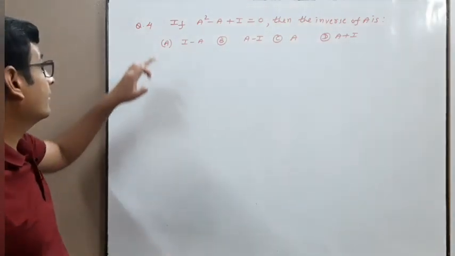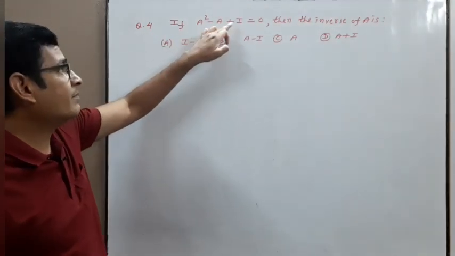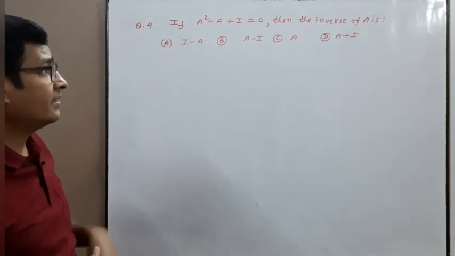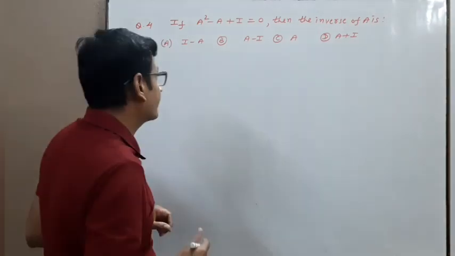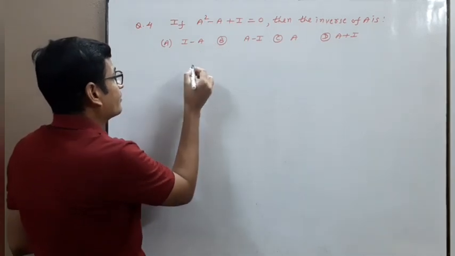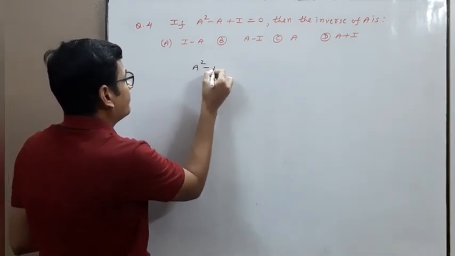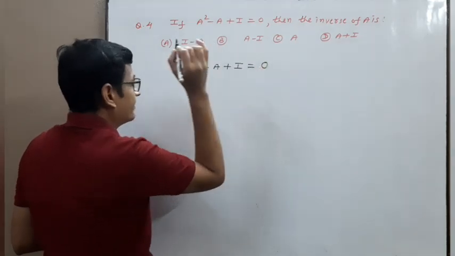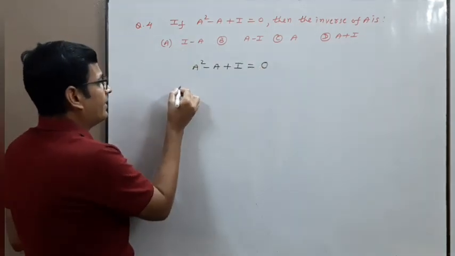Next problem: if A square minus A plus identity matrix equal to 0 matrix, then the inverse of A is, there are 4 options. So first simplify: A square minus A plus I equal to 0 matrix, multiply by A inverse.